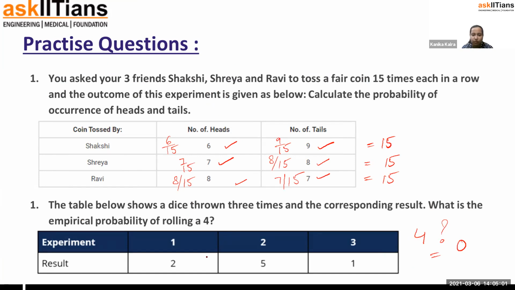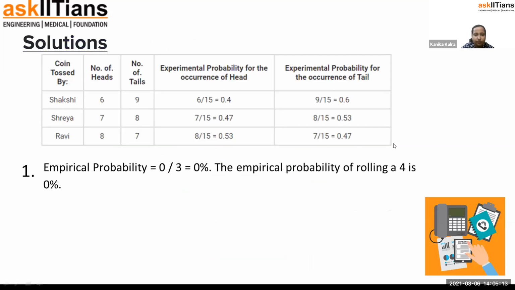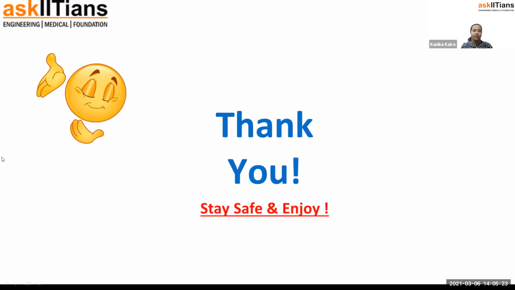The total is 2 plus 5 plus 1, so that is 8. The answer is 0. So this is an impossible event, and you get the result as 0, so it's 0%.